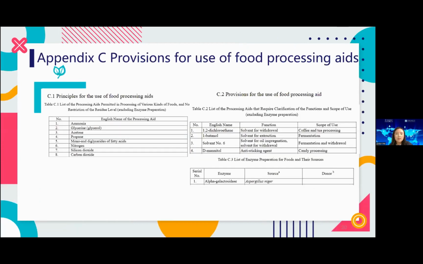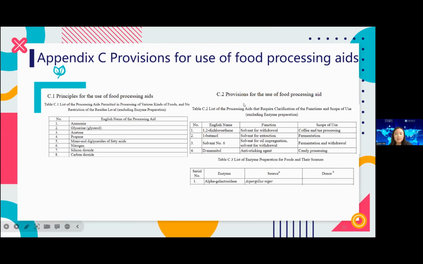So let's go to the Appendix C. Appendix C is about the prevalence for the use of the processing aids in the food industry. This part also has the three tables. The first table, Table C1, provides a list of processing aids that can be used in all kinds of the food processing without any limitation on the residue amount.